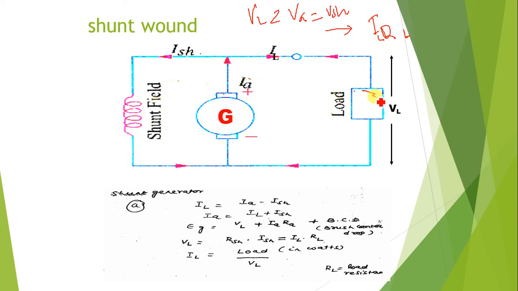If it is a pure resistive load, we can consider ILRL, because IL passes through this particular load, which is equal to IaRa, which is equal to Ish Rsh. So this is a common voltage across all the coils: the armature coil has the same voltage, and the load is also provided with the same voltage.